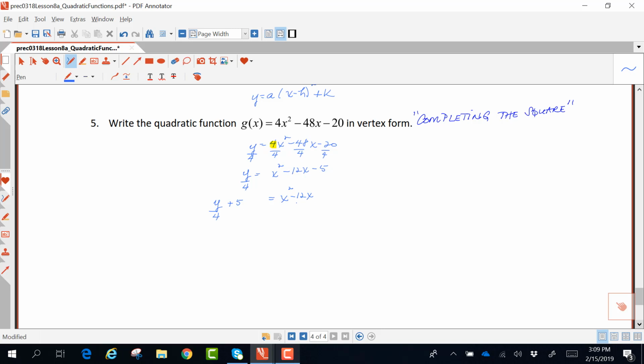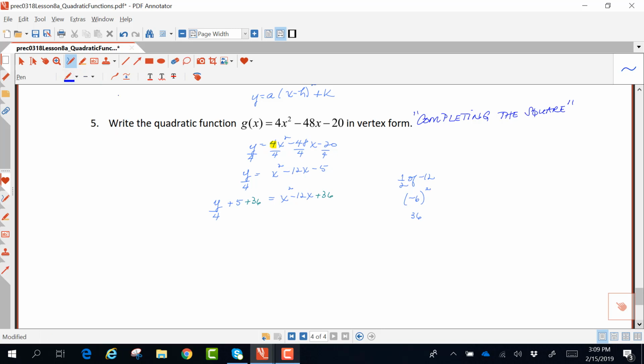Now I perform some operations which seem like a little bit of magic off to the side, in which I take 1/2 of the middle term, or the coefficient of x, 1/2 of -12, which is -6, and I square that number and come up with this magical number 36. This magical number 36 I add to each side of this equation to maintain the equality.